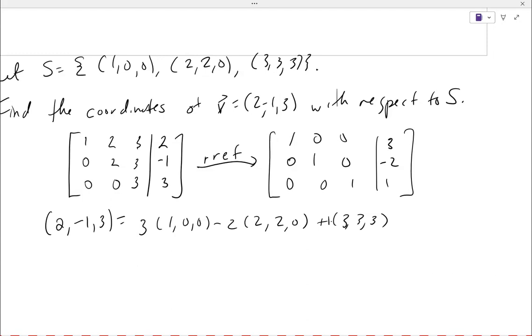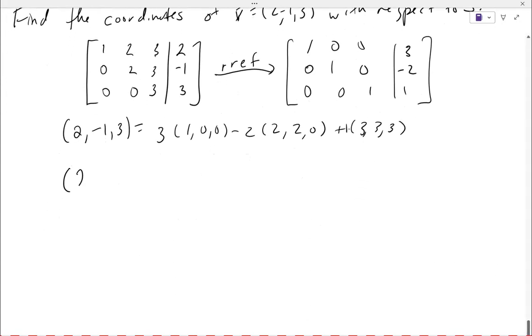So if I have my S written this way, and I form my matrix this way, then this coefficient refers to the first thing in my set, this coefficient refers to the second one, and the last one corresponds to the last one. So when we want the coordinates relative to that basis, we just pick off those coefficients.